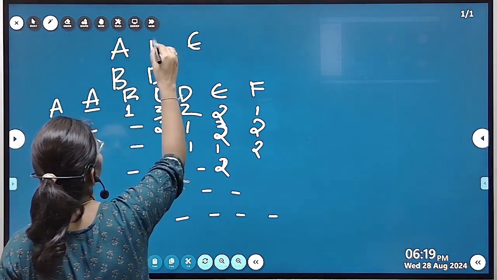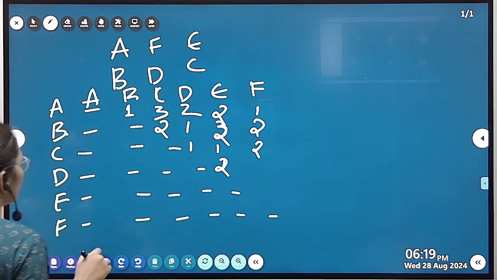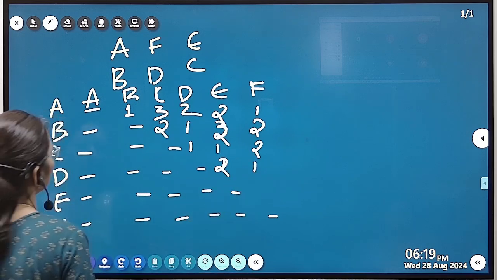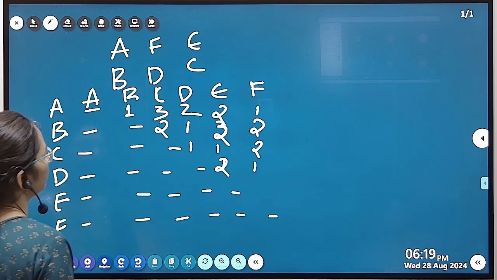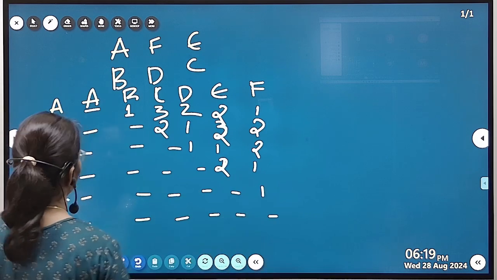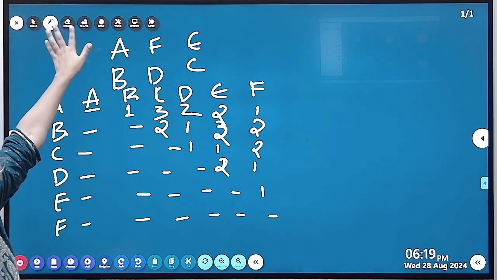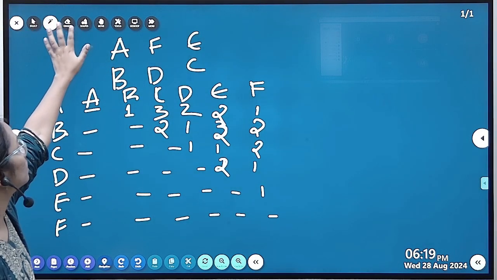This is F and this is C. Okay, next D to F 1, E to F 1. That's all. So multiply this, whatever the amounts given in your question with this, you will get a total cost. Okay? Clear?